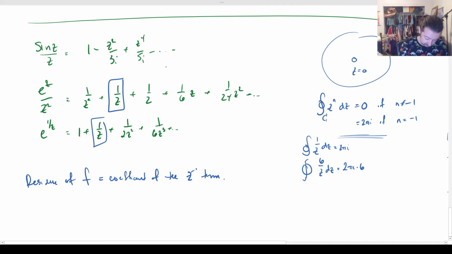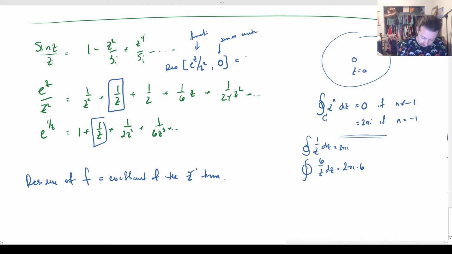So the residue of e to the z over z squared calculated at z equal to 0. That tells you where the series center is, and this tells you the function.